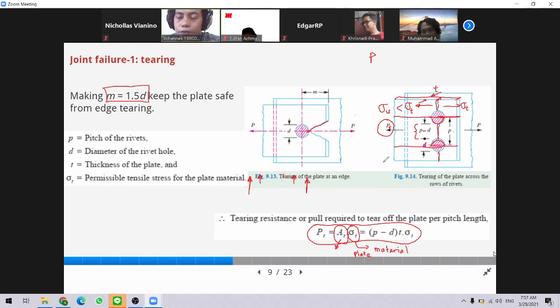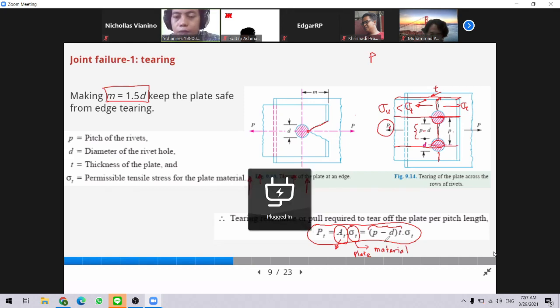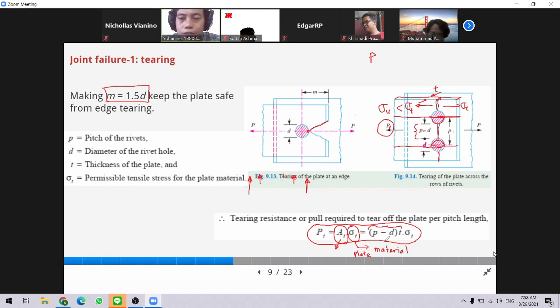So that's why we formulate the effective tension area for this single lap joint as P, the pitch distance, minus the diameter, multiplied by the thickness of the plate, T. So please keep in mind that here we calculate only in a single pitch area, not for all the joint area.